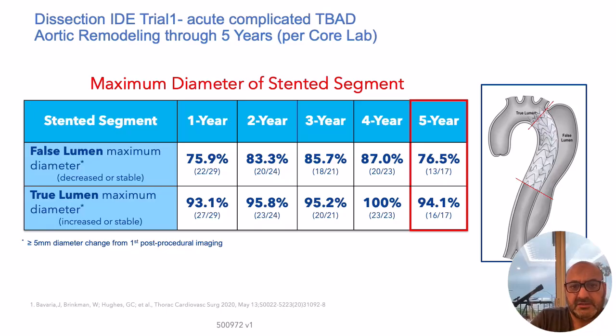The problem with just treating the thoracic portion is that you always have, or most of the time, not always, an entry tear down around this area or somewhere in the aorta that gives retrograde flow into the false lumen. That would prevent it from being completely thrombosed and can also increase in size.